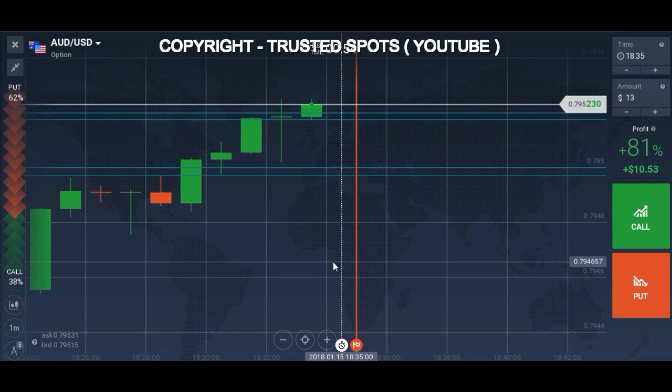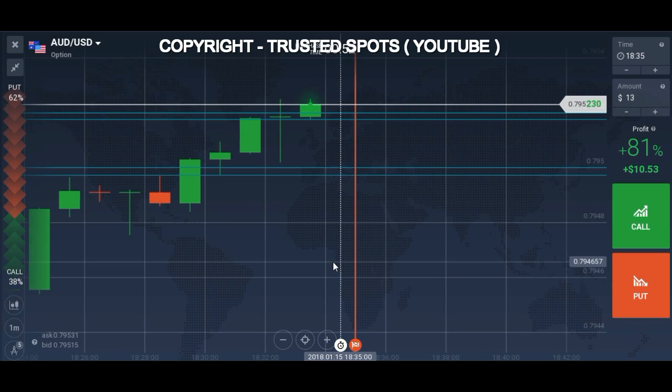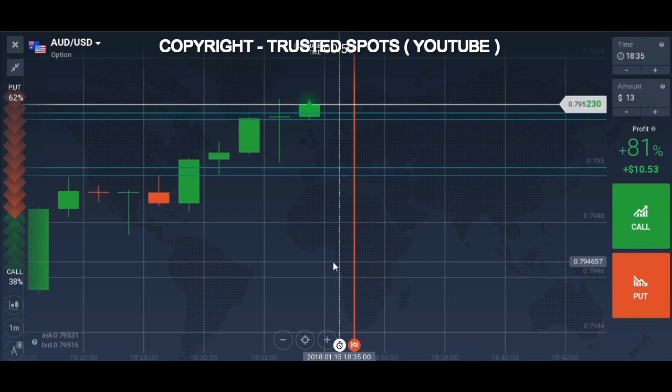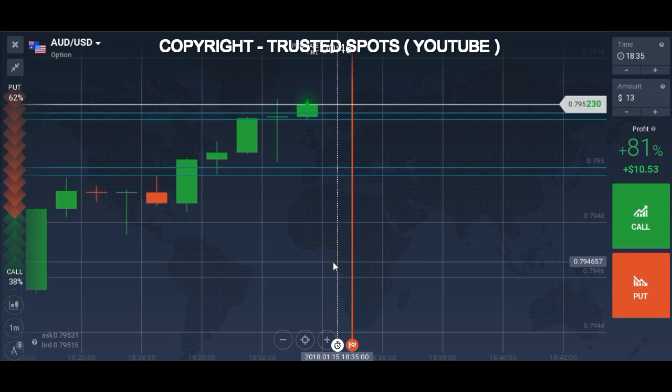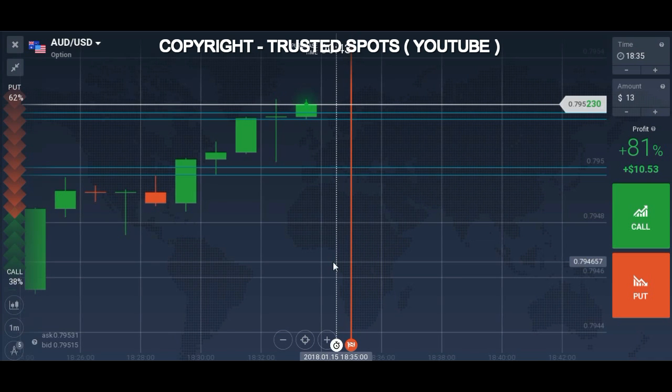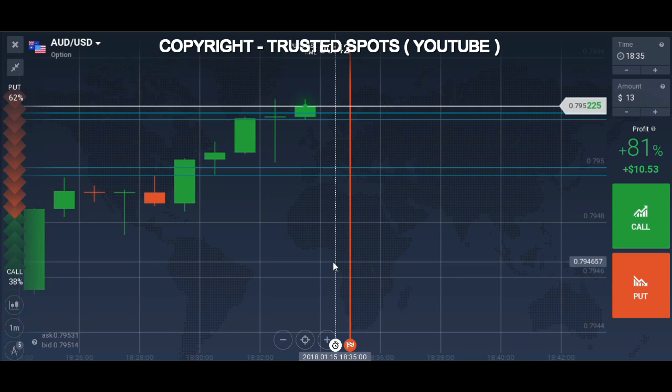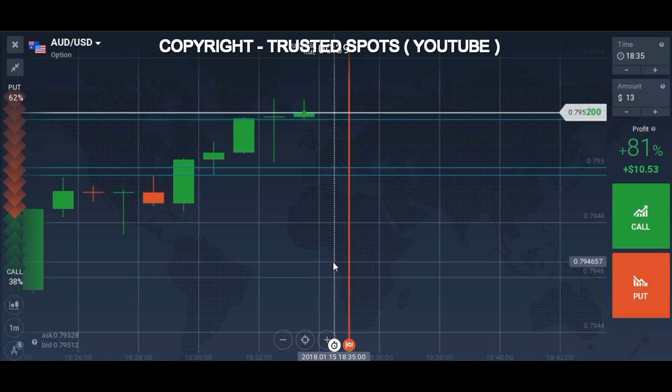Well, this is going to be our last trade, so I will wait for the right time. Till now we have taken two trades, both completing the rules.